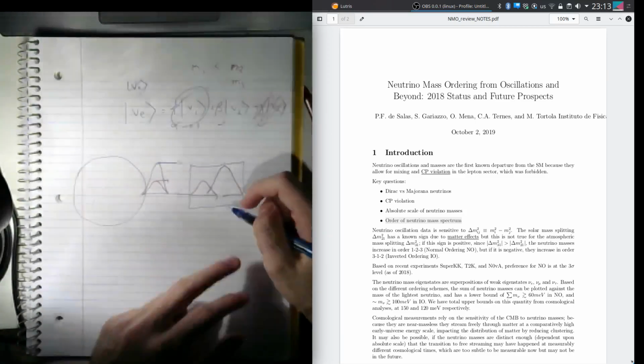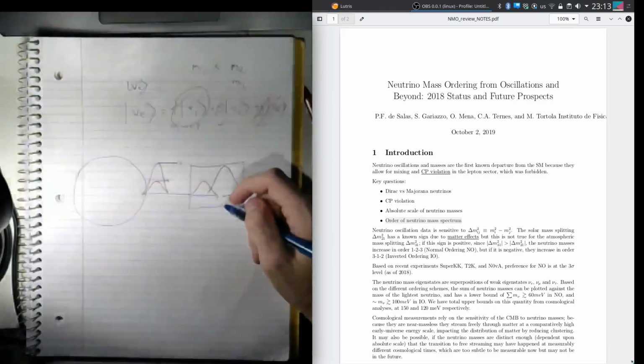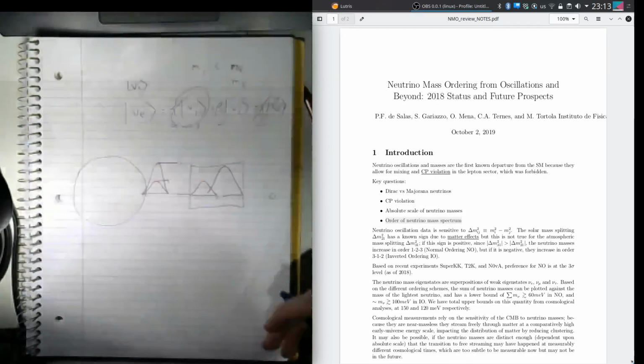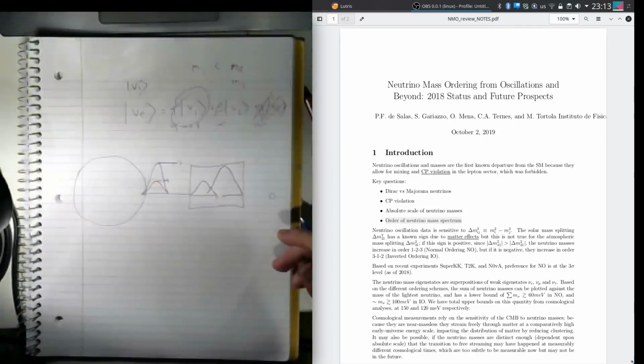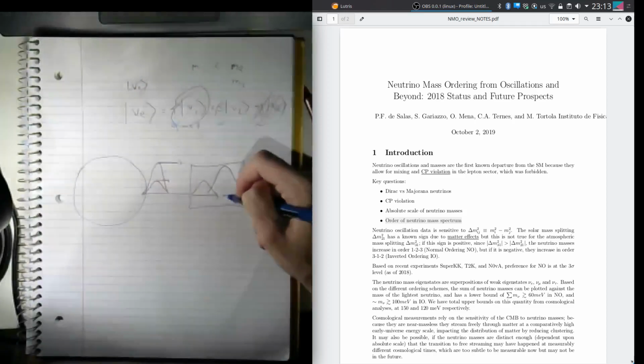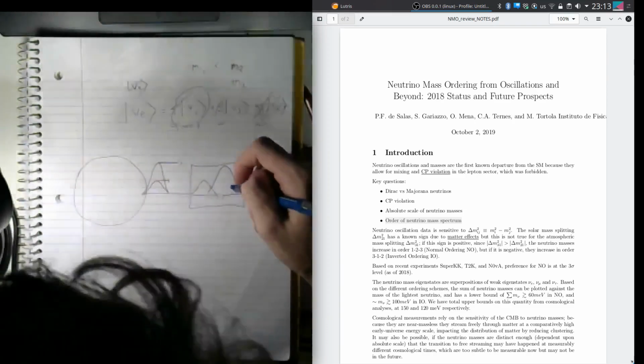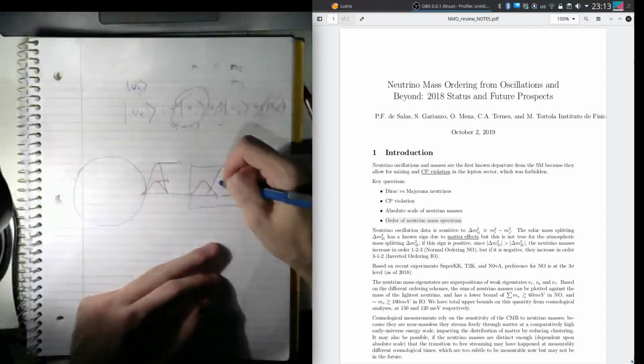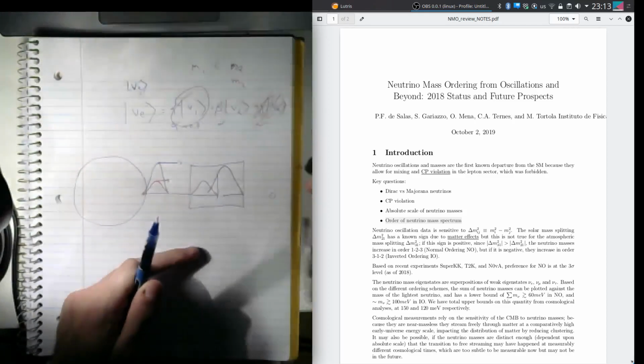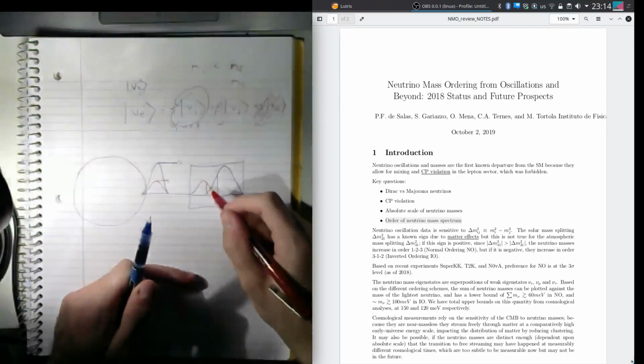By the way, because the mass 1 state is a superposition of electron, muon, and tau neutrinos, there's some mixing that goes on between the different neutrino states here. But for now, nothing interesting is happening here, and nothing interesting is happening where it's all the pure, heavier mass 2 state.